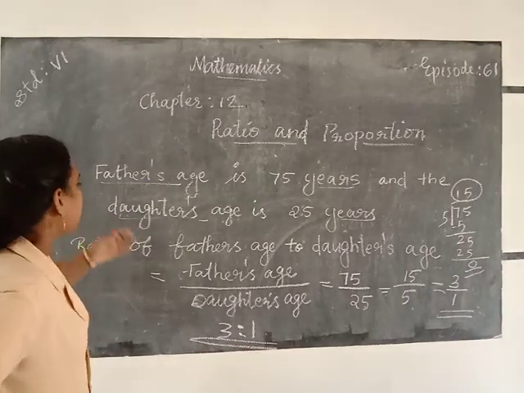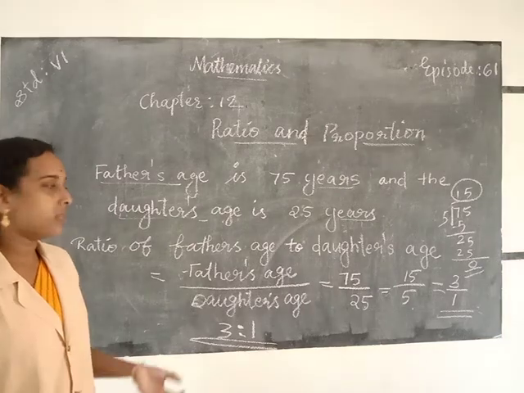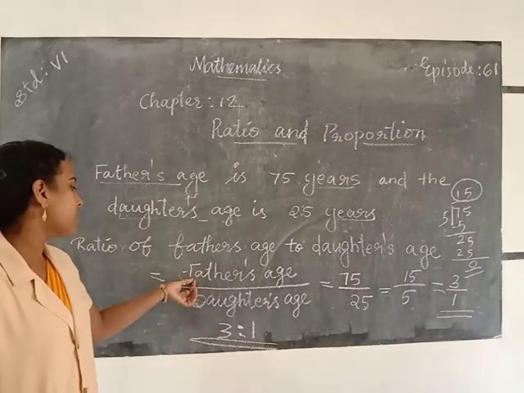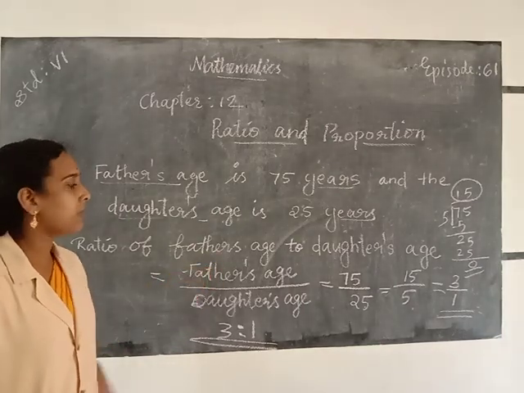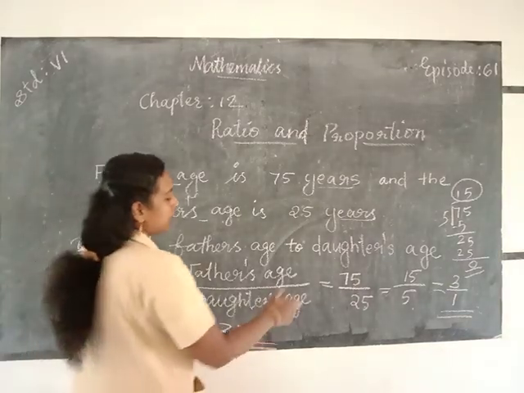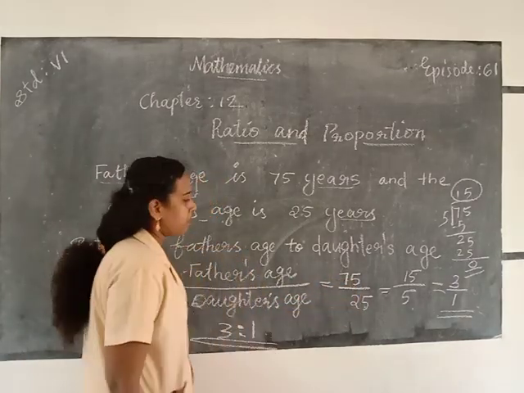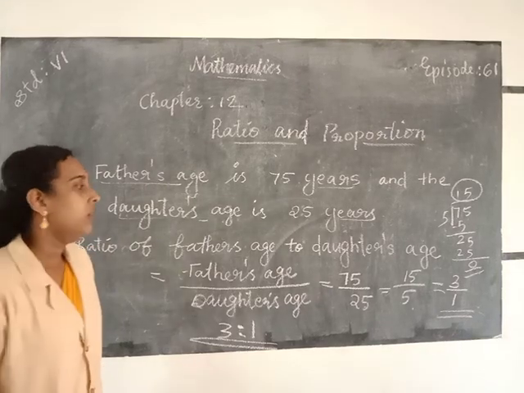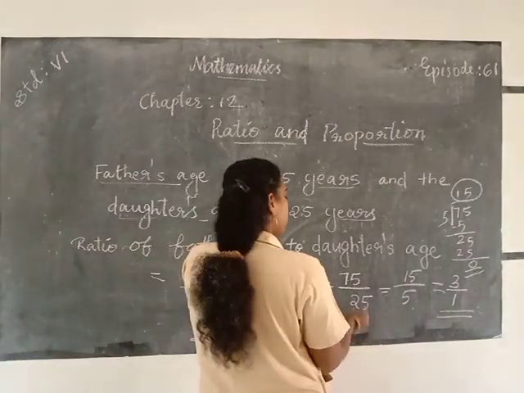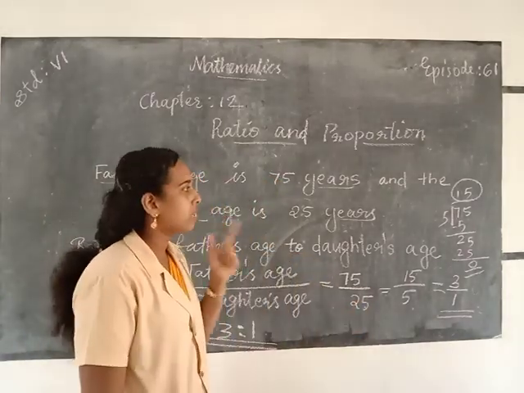So to find the ratio of father's age to daughter's age, we take the fraction, father's age divided by daughter's age. Here father's age is 75 and daughter's age is 25. There is a common factor in 75 and 25, and that is 5.